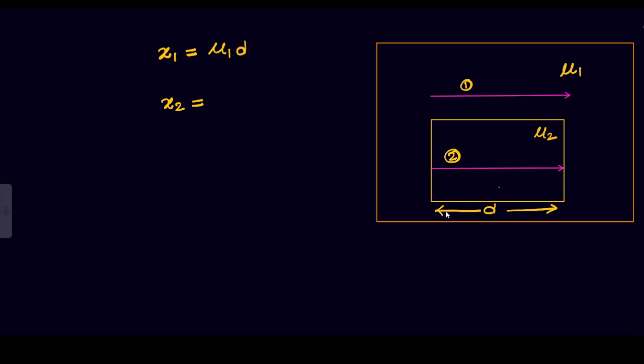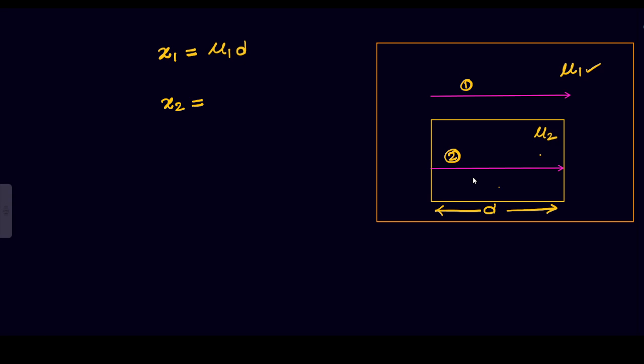Now the optical path of the first light ray is the medium refractive index mu1 into d. For the second, we need to talk about the relative refractive index. Whenever we place a glass with refractive index, say, 4 by 3, that is with respect to air. Here it is placed in some other medium having refractive index mu1.